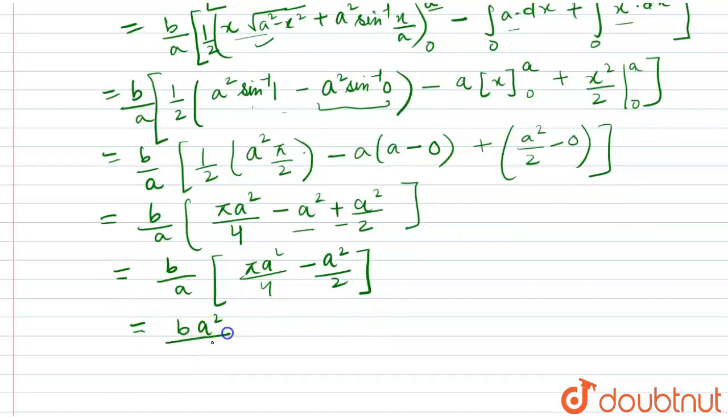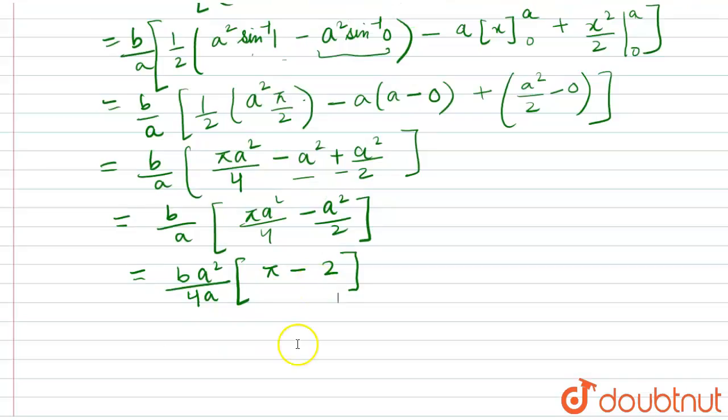We can take that a square upon a outside, and also we can take 4 outside. So what we are left with is pi minus 2 here, because if you cut that 2 and 4, that would give you 1 by 2. In the next step, this a will get cancelled with this second a.